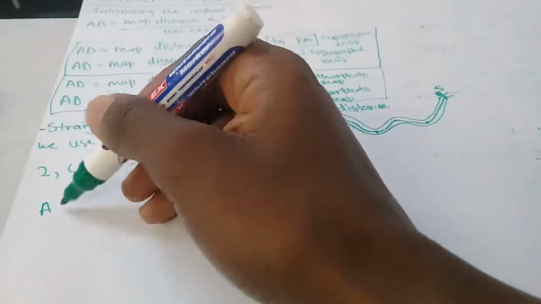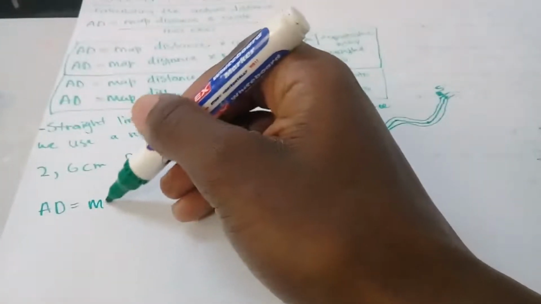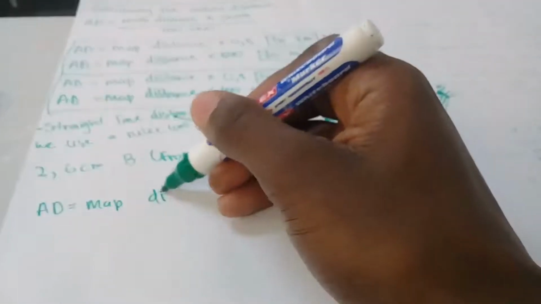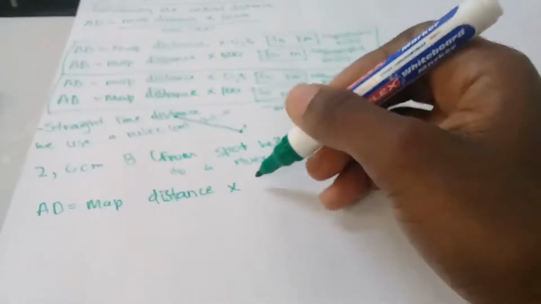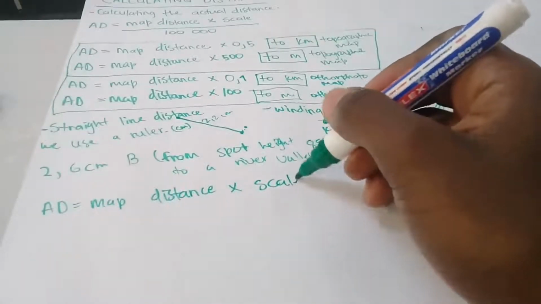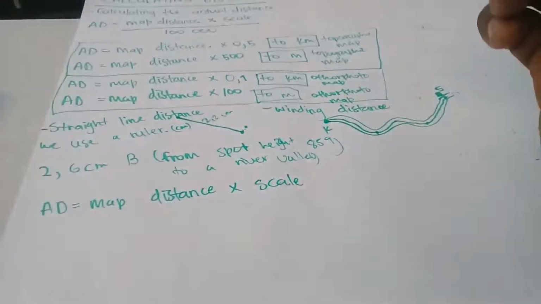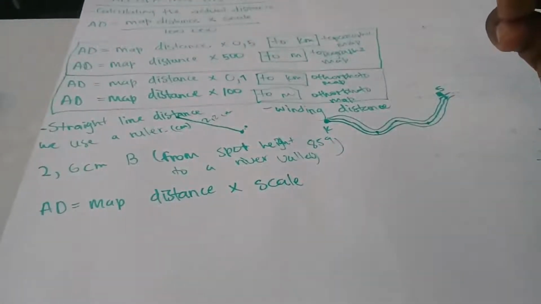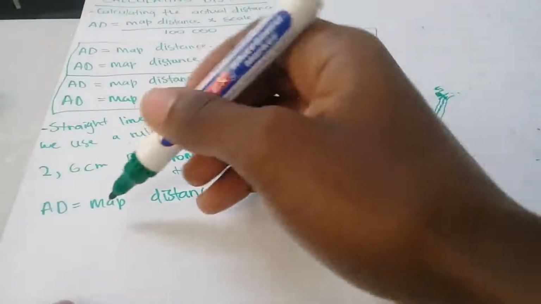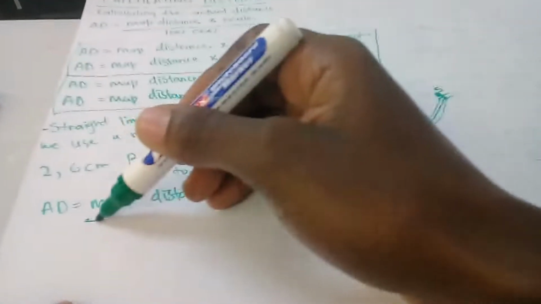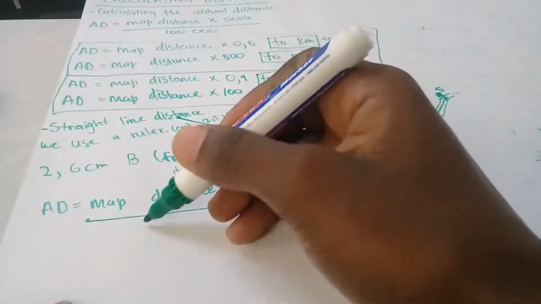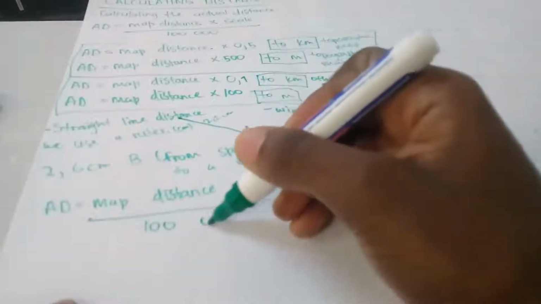So actual distance equals map distance multiplied by scale. As you can see, that is a topographic map. There are two ways to calculate this. Let me first use the very first formula that I introduced to you, 100,000.